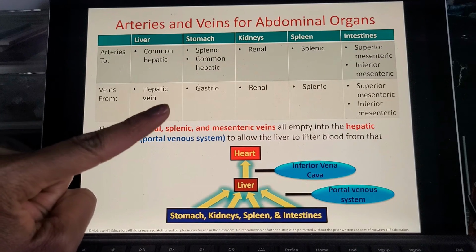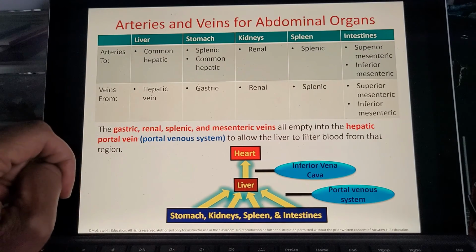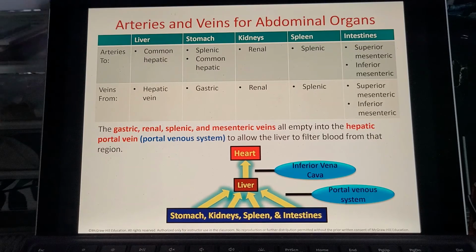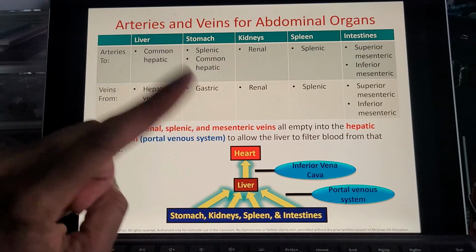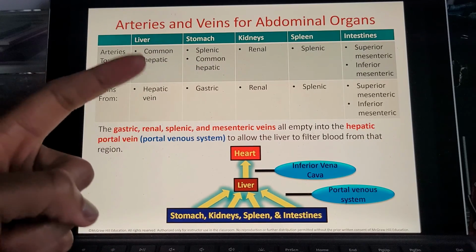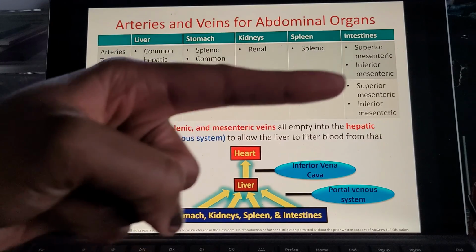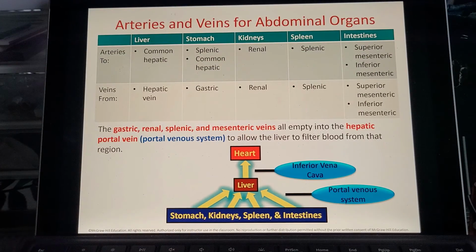Gastric is the one coming out, so that vein. Kidneys, renal artery, renal vein, easy. Spleen, splenic artery, splenic vein, easy on that one. And intestines, we have our superior and inferior mesenteric arteries to and veins away. So those are pretty easy. The only one you really have to pay attention to is the stomach, because for the other ones, their organ name is in it.